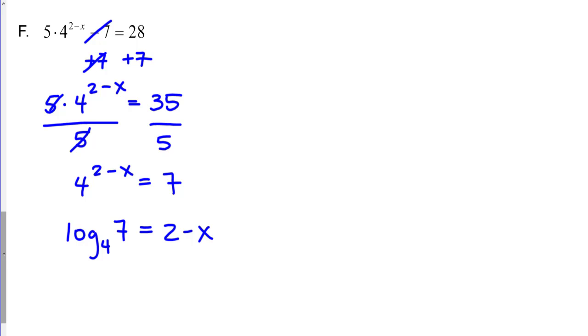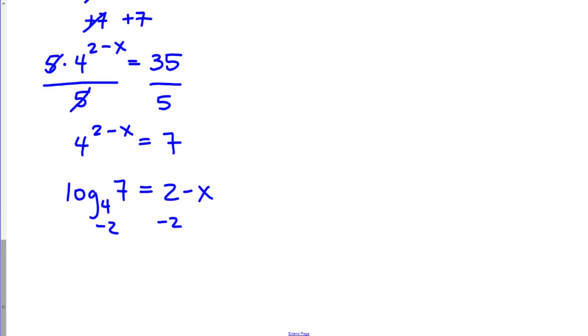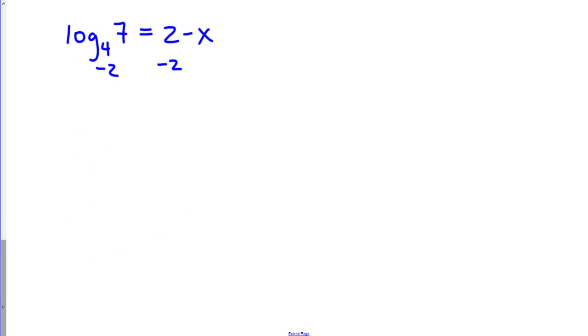Log base 4 of 7 equals 2 minus x. And that means if I subtract 2 from both sides, then I have log base 4 of 7 minus 2 equals negative x.